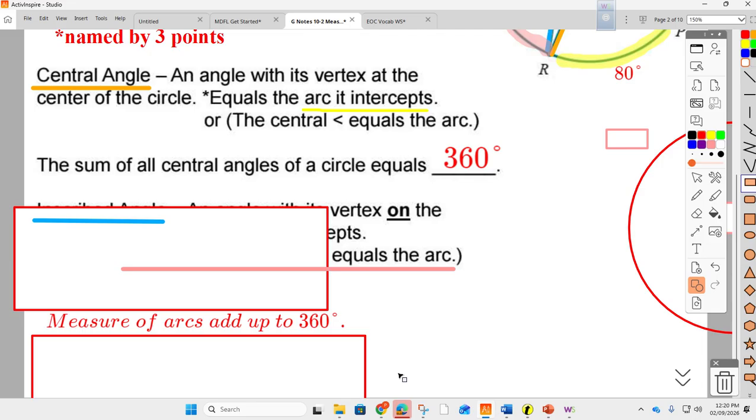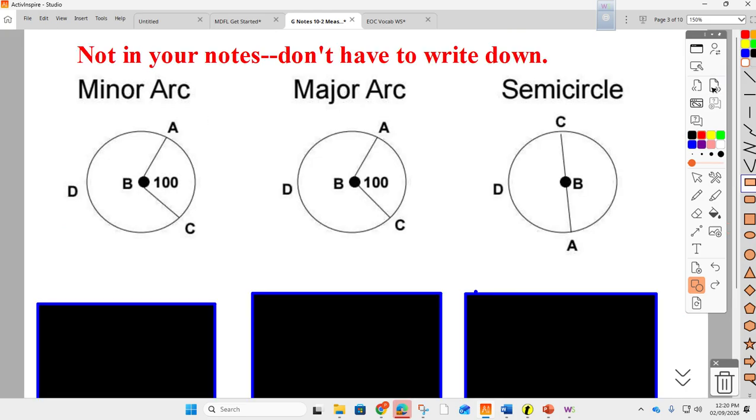But we need to know also that the measure of the arcs altogether equals 360 degrees for the same circle. Questions? Caught up with me? Okay. You don't have to write anything here.